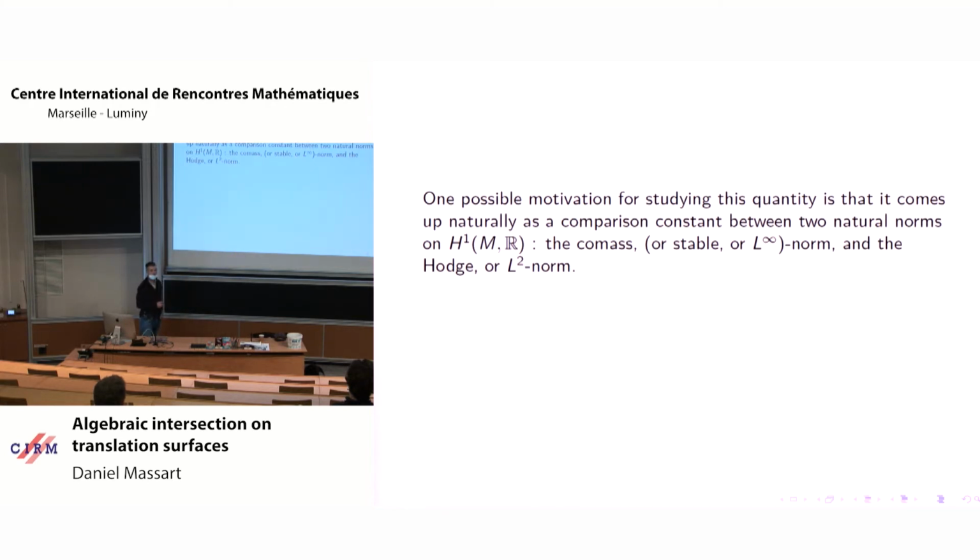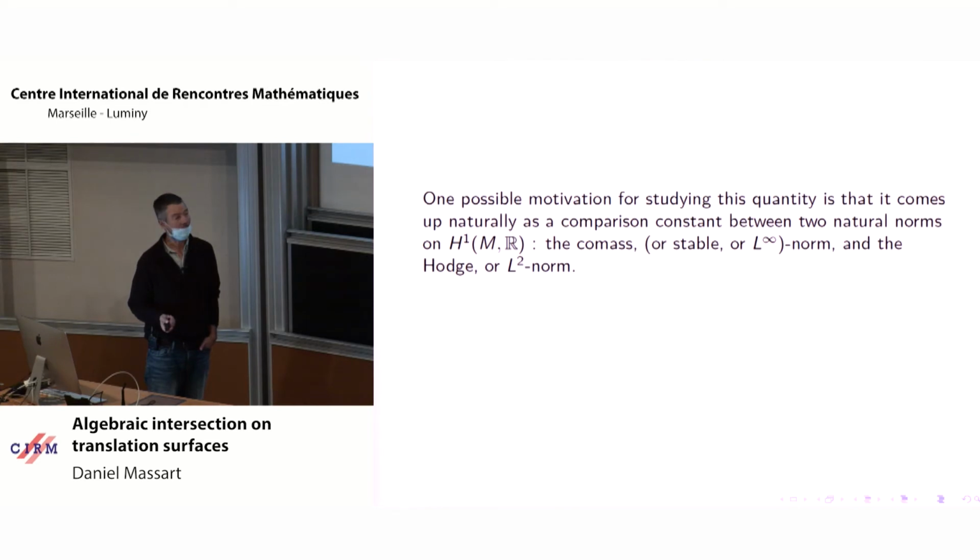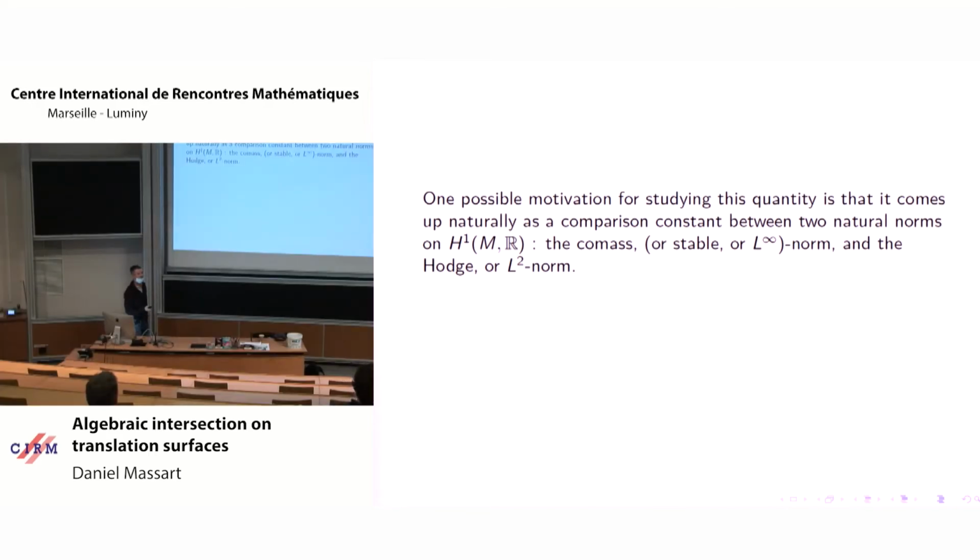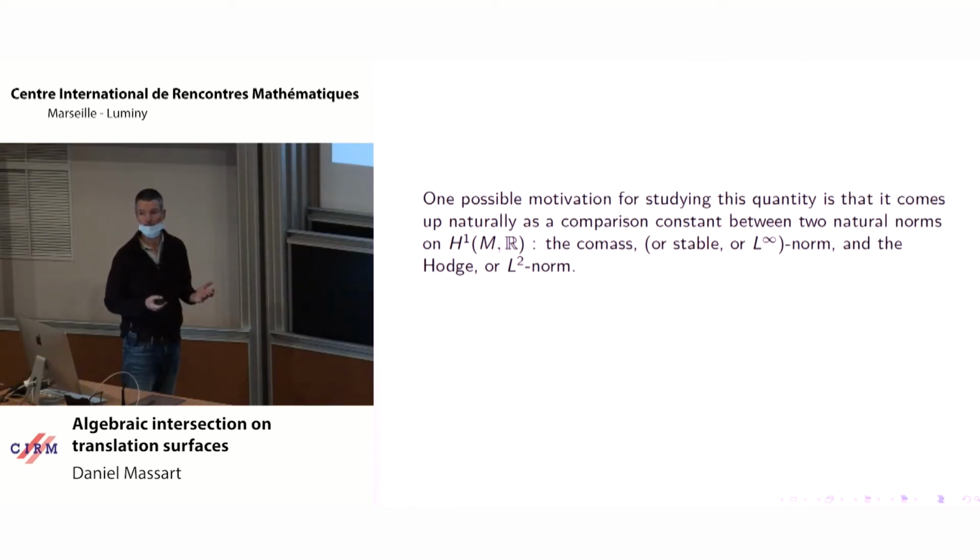So why would anyone be interested in such a thing? One motivation, my original motivation, was that it comes up as a comparison constant between two natural norms on the homology. One is the L2 norm, the Hodge norm, which I assume all of you know, and another is the stable norm, which in a sense measures the length of a homology class.